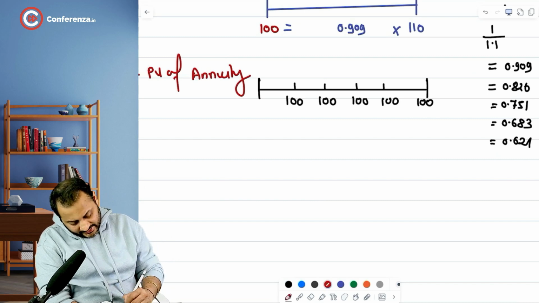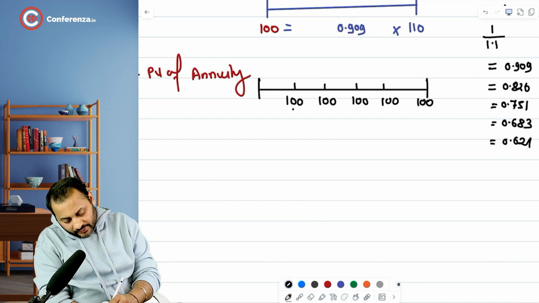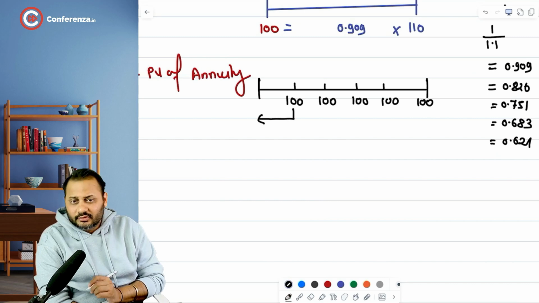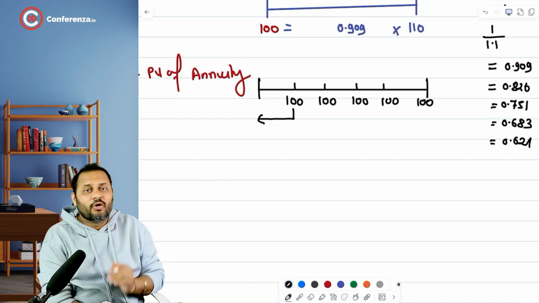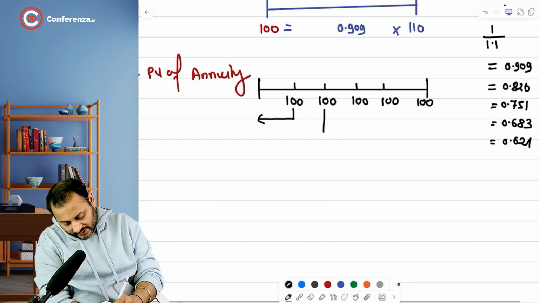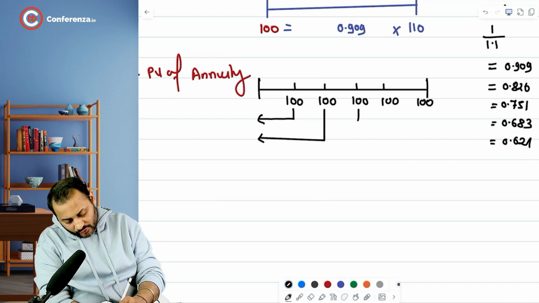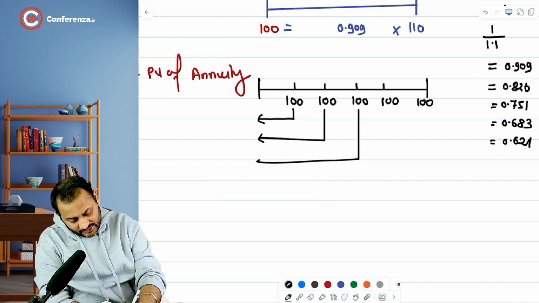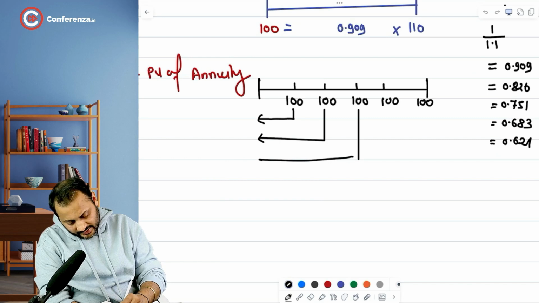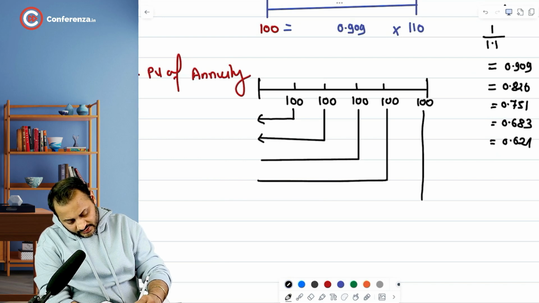You have to bring this 100 rupees back by 1 year, because it is 1 year away from us. You bring this one by 2 years, this one by 3 years, and so on. You will bring this by 4 years, and this by 5 years.